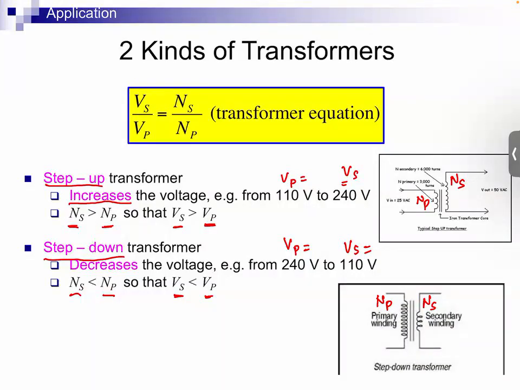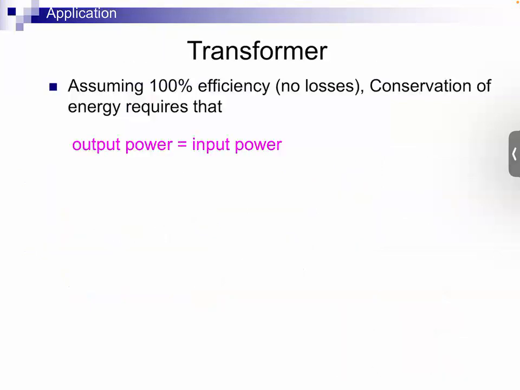Now, if you want an equation that relates the current to the number of turns, we can use the definition for power. We assume that the transformer is 100% efficient, meaning there are no losses, and that's perhaps the role of the lamination in the core, so to most extent we can assume the transformer is 100% efficient.